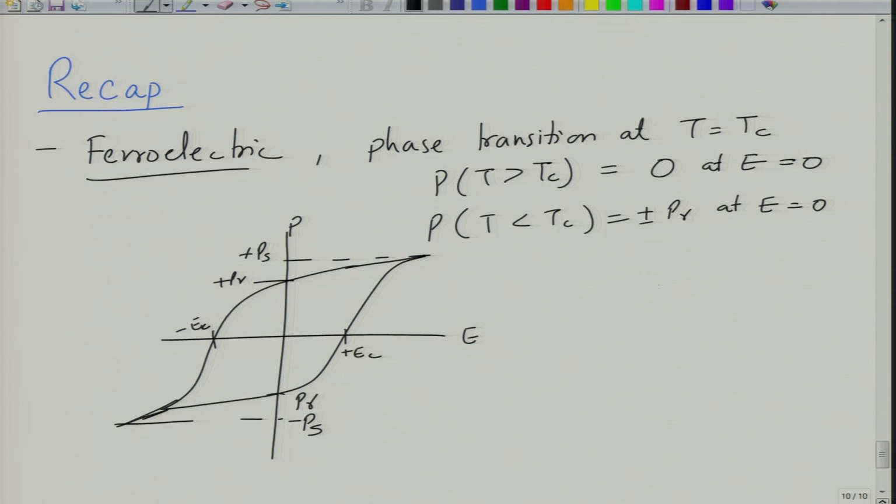And this is manifested in the form of energy wells. Ferroelectrics show a sort of energy landscape. So this is G as a function of X, let us say. In the ferroelectric state you have either of one state available, this is plus Pr or minus Pr. So the atom goes to either of these two positions, and in terms of applications it is also denoted as 0 and 1 state.